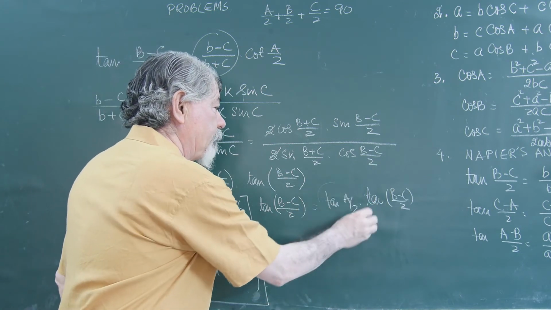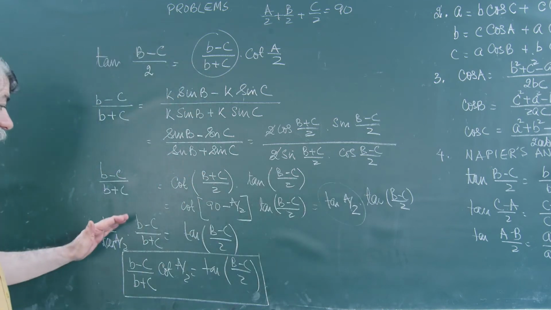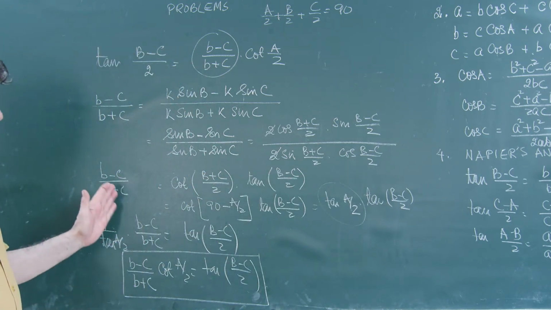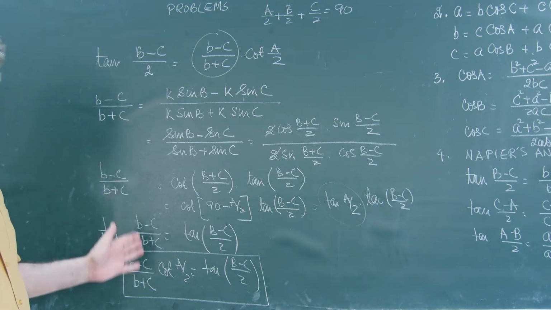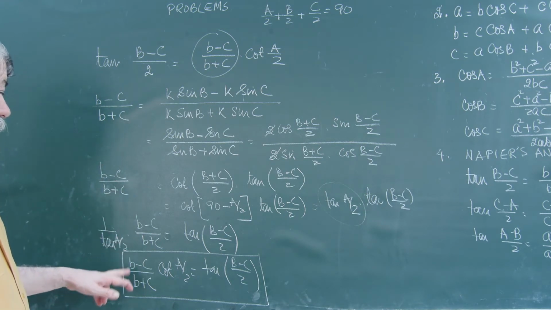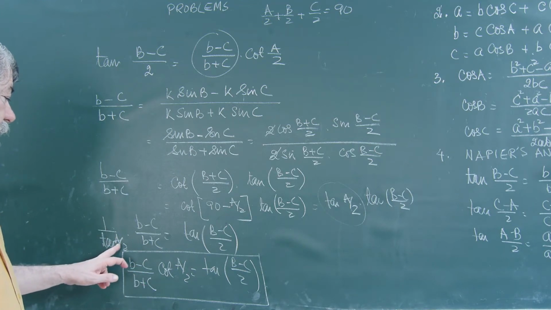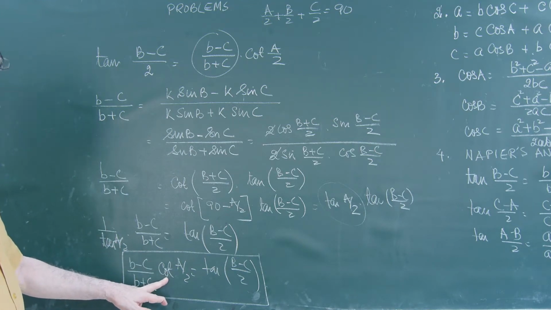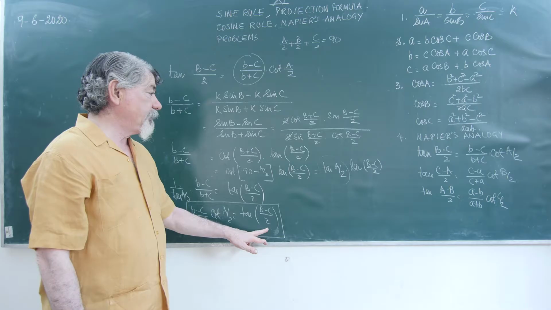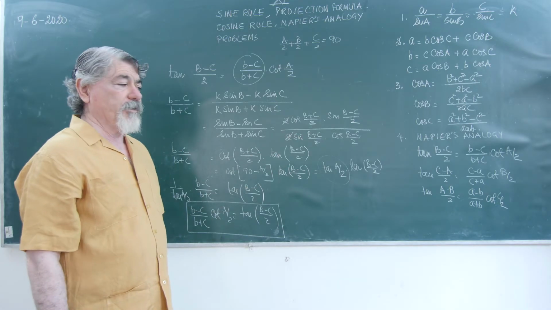Now this tan(A/2) I'll bring to the left side, and it will become 1 upon tan(A/2). So (B minus C) upon (B plus C), and 1 upon tan(A/2) will become cot(A/2), is equal to tan((B minus C)/2), which is the first formula.